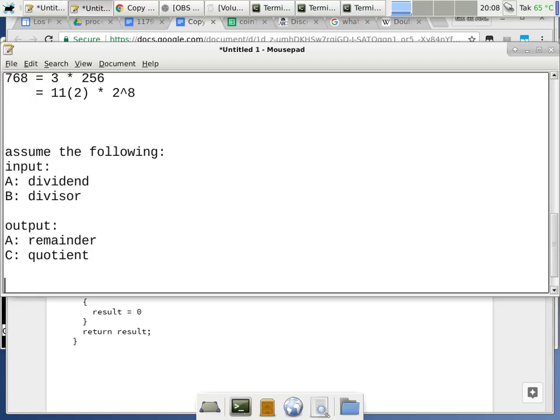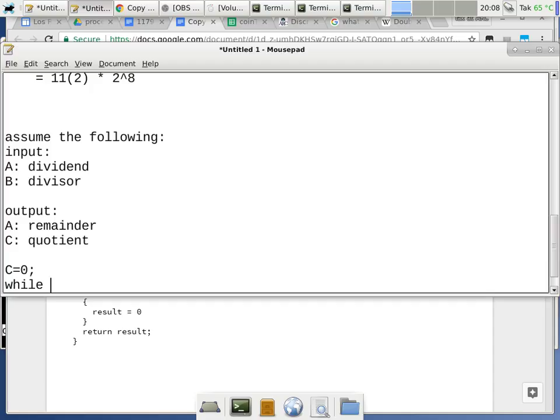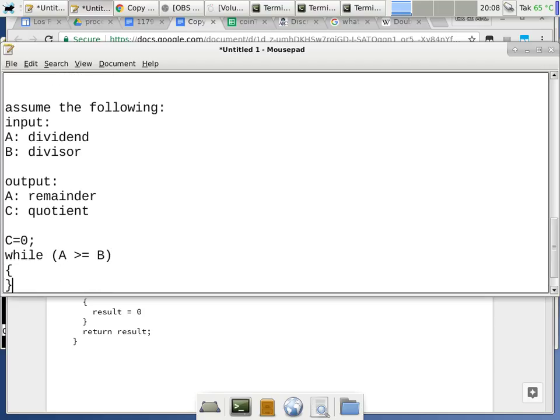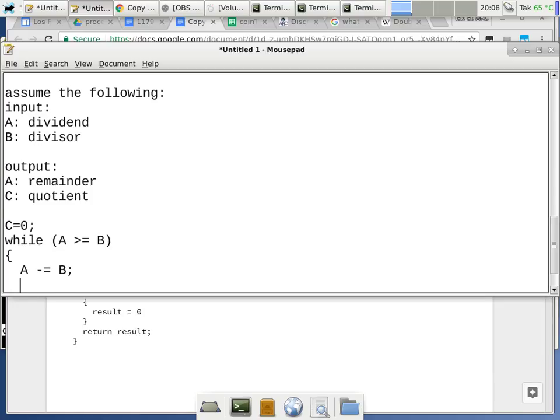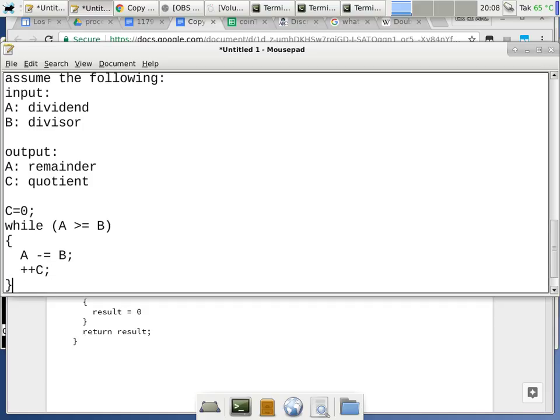You have to initialize the quotient with a 0, so C is initialized to 0, and then you say as long as your dividend, which is register A, is greater than or equal to your divisor, which is B, do the following. You subtract B from A, and then you add 1 to C, because C is your quotient. That's your entire program.